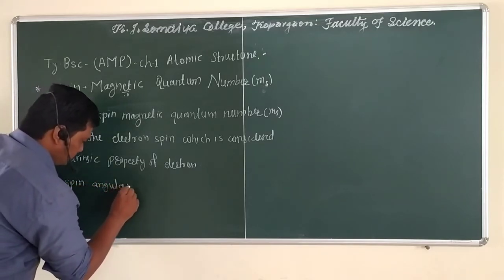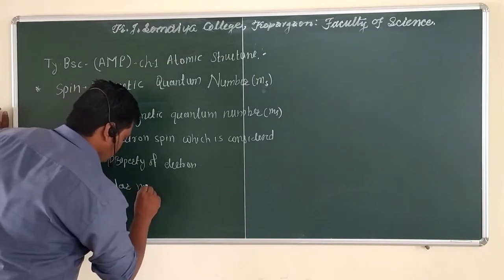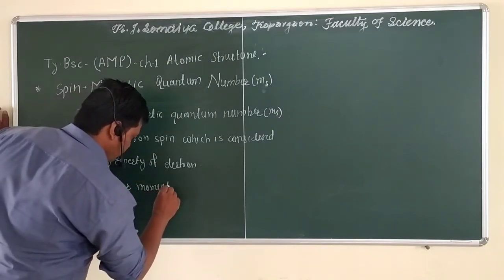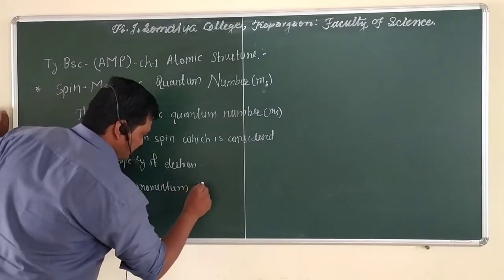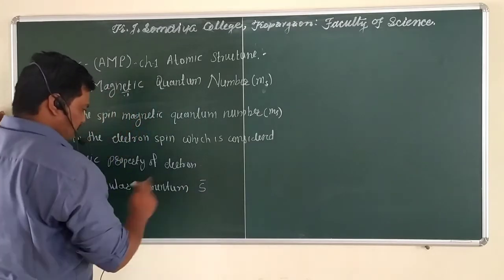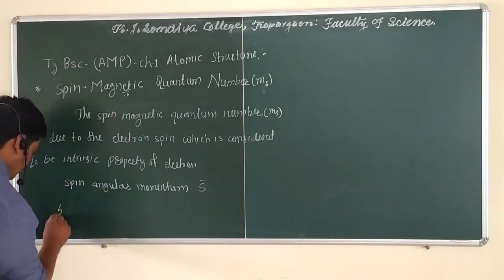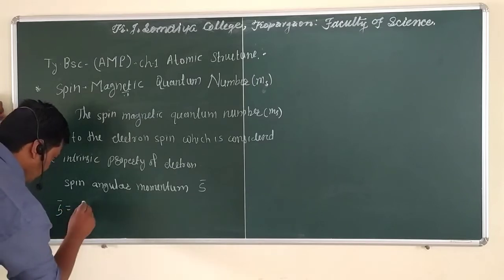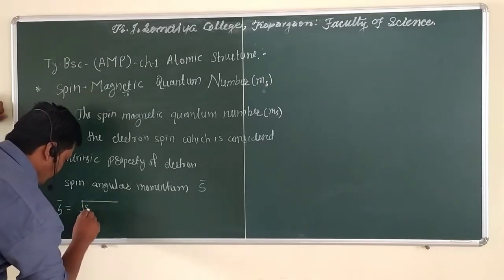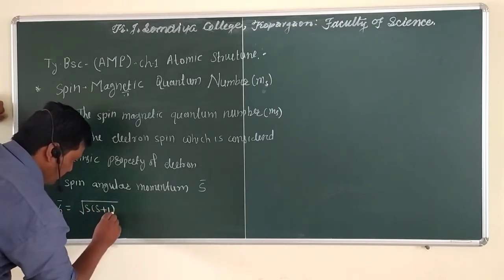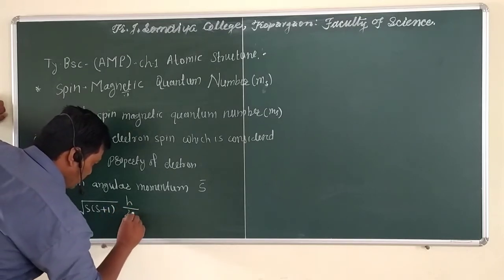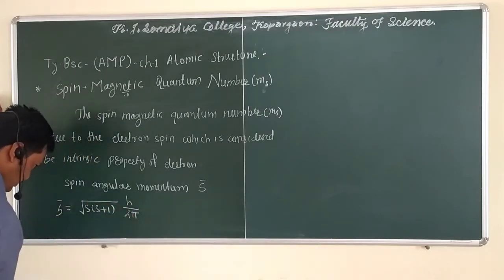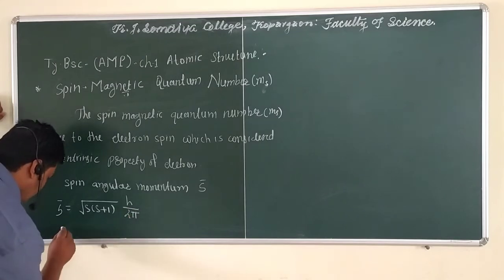gives the formula that spin angular momentum, which is denoted by capital S bar, is under root of s into s plus 1 into h upon 2 pi, and that h upon 2 pi is nothing but h cross.